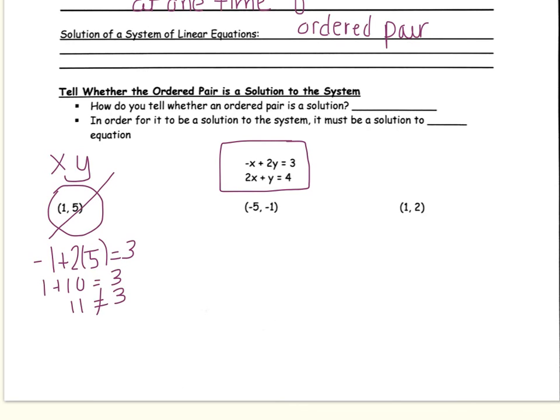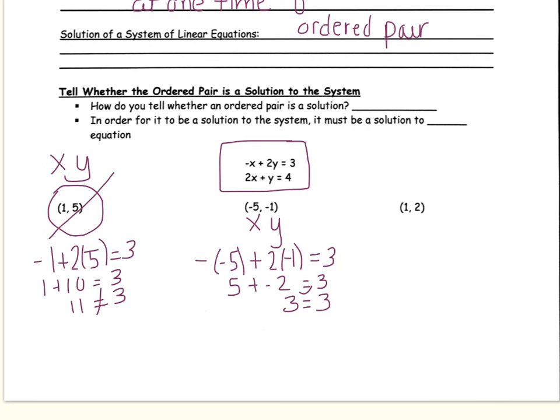Let's check the next one. I have an x and a y. Negative 5 for x. So it's the opposite of negative 5 plus 2 times negative 1. Does that equal 3? The opposite of negative 5 is 5 plus negative 2. Does that equal 3? Does 3 equal 3?